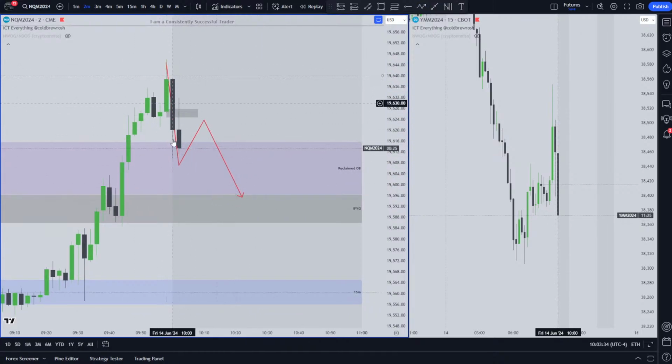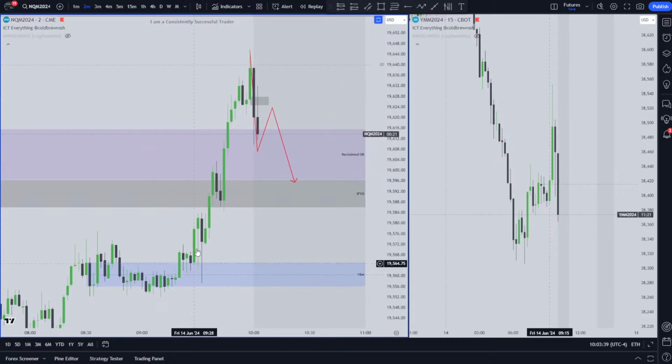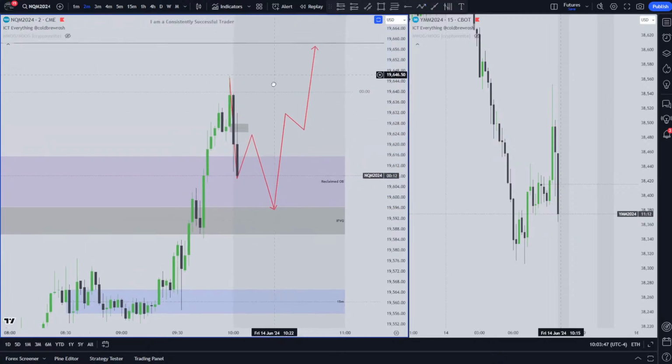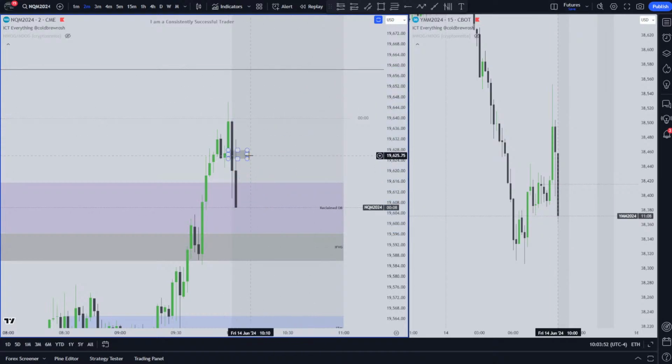A very short-term, lower time frame market maker sell model back into this range to then show a bullish structure shift and continuation higher to our buy side. And until we get that, there's no buy.